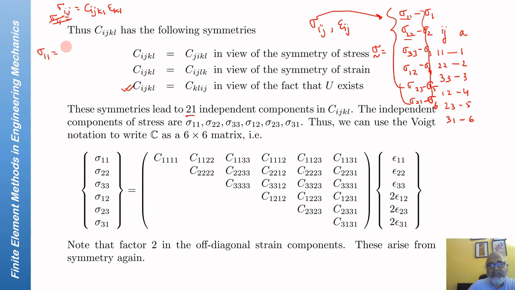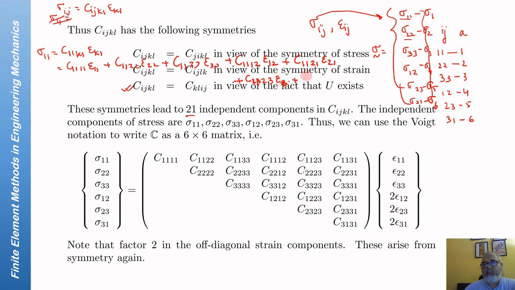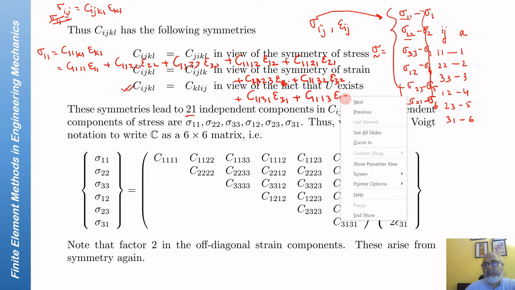So I'll write sigma 11 as C11kl epsilon kl, which will give me C1111 epsilon 11 plus C1122 epsilon 22 plus C1133 epsilon 33 plus C1112 epsilon 12 plus C1121 epsilon 21 plus C1123 epsilon 23 plus C1132 epsilon 32, and lastly C1131 epsilon 31 and C1113 epsilon 13.